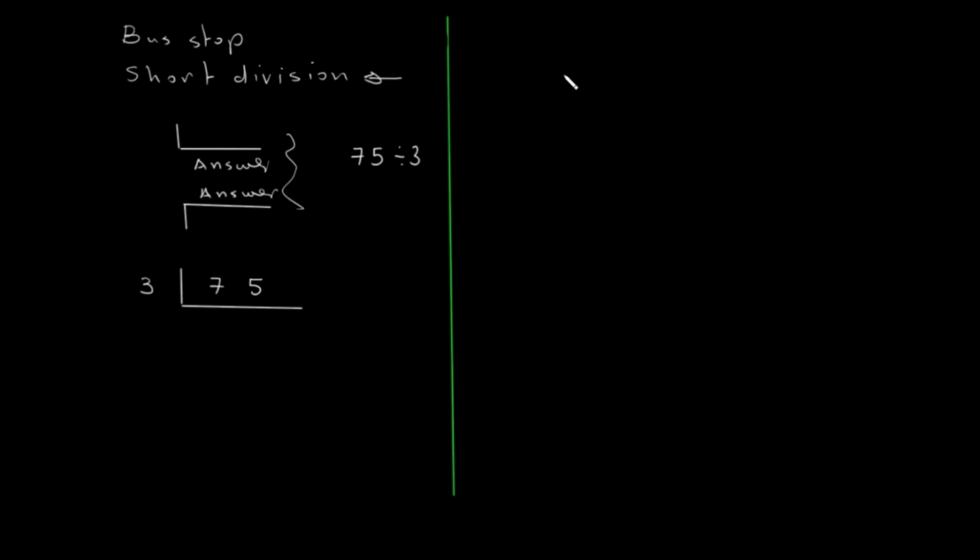If we want to have 7 divided by 3, we want to know how many 3's will fit in that. There's one of them, there's the other one, that will give us 6. We can't fit any more into that because there's one left, so the remainder is 1. I'm going to change the colour there quite deliberately. The remainder is 1.